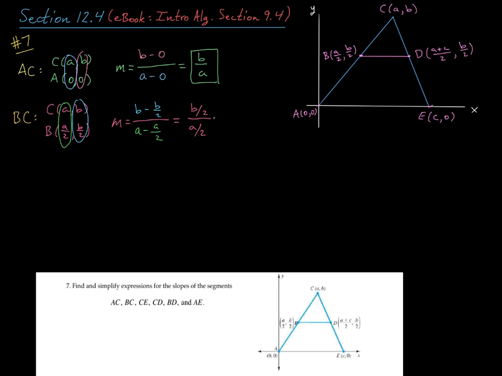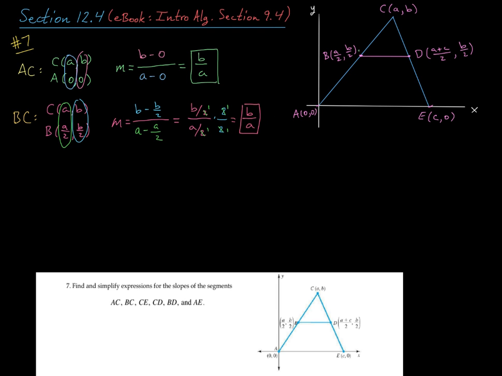Now I'll multiply top and bottom by 2, and that divides all of these 2's out. So what I'm left with is b over a, which is of course the same answer, and that makes a lot of sense.